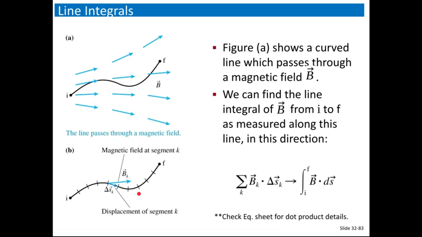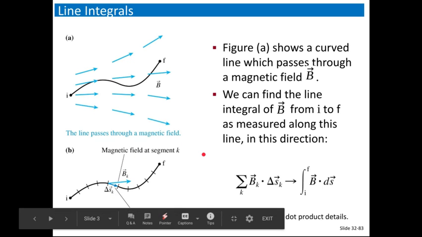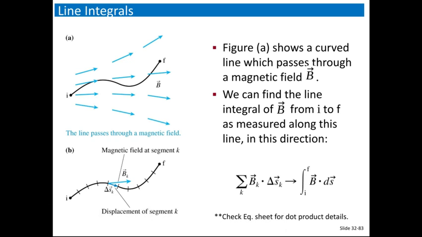When you think back to calculating work, and I mean in the most basic sense, forget this line integral stuff for a minute, okay? Work is force times displacement. But when the force vector points at an angle relative to the displacement, you only consider the component parallel to the displacement.